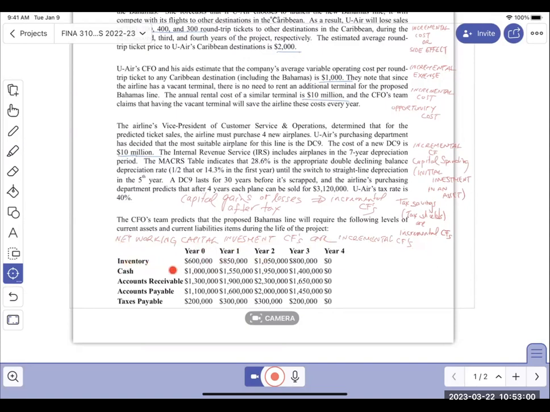Up front, we have to have an inventory worth $600,000. We have to have $1 million in cash, $1.3 million in accounts receivable.